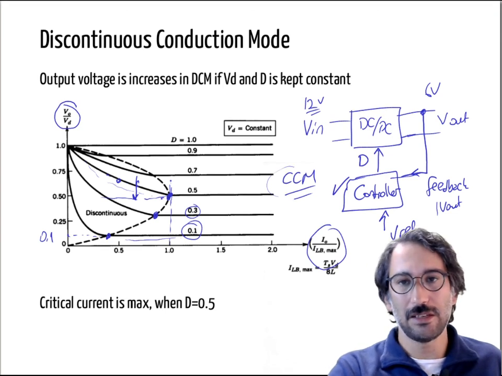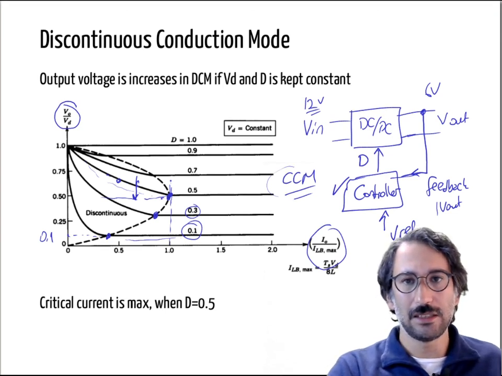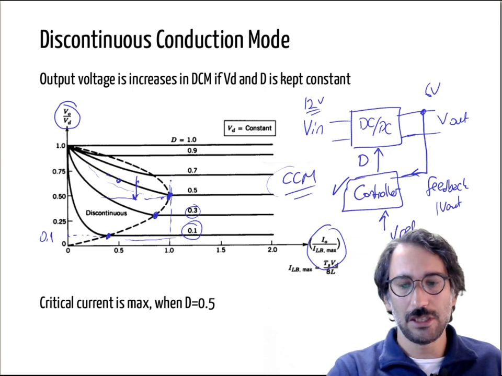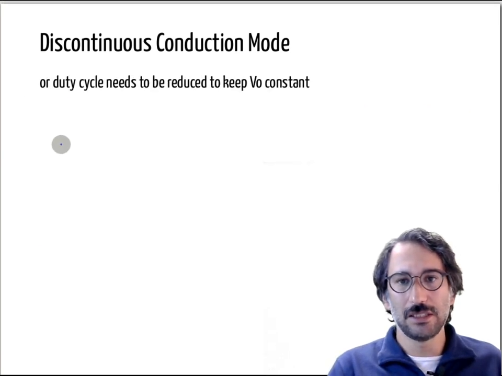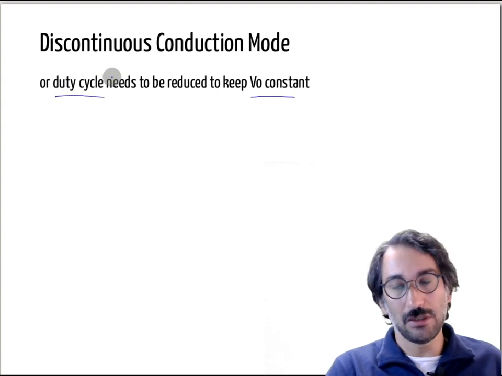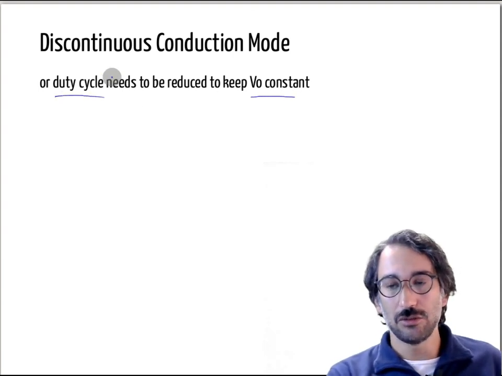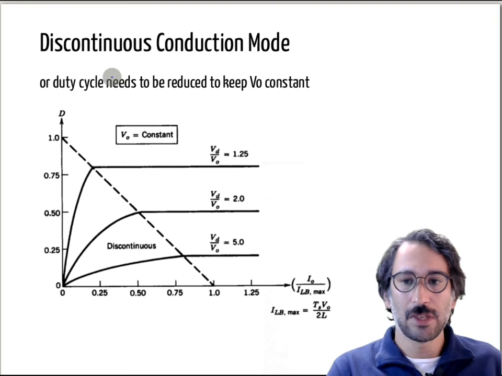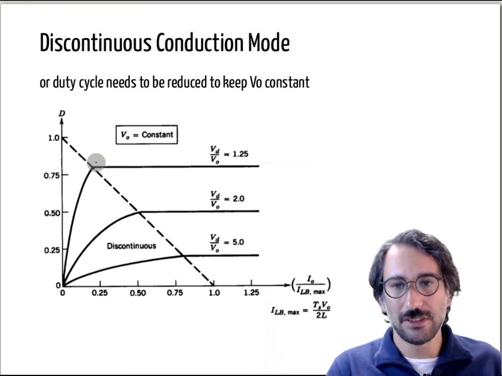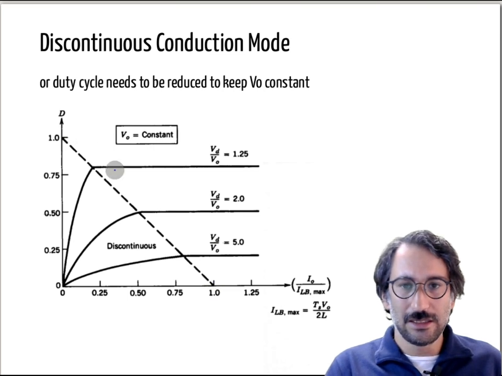And now let's have a look at it from the other side. So now I want to keep the output voltage constant. So what should be the duty cycle? How does that controller need to operate? So here again, this is a different representation. That area is CCM, and under that dashed line it is the DCM mode.